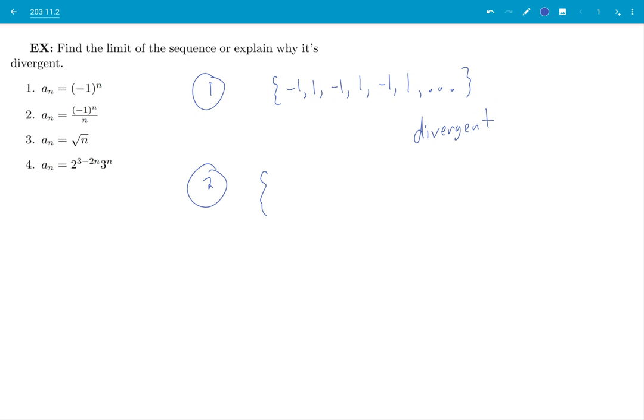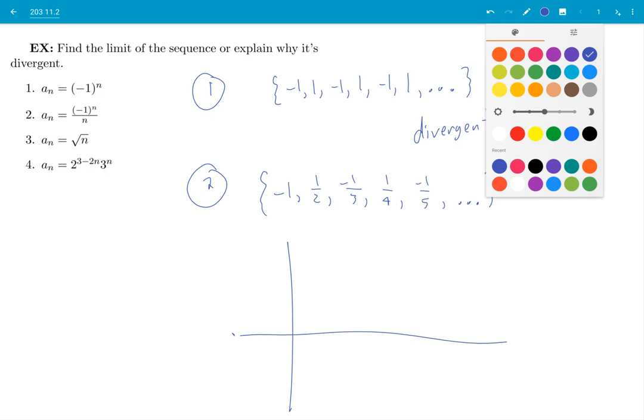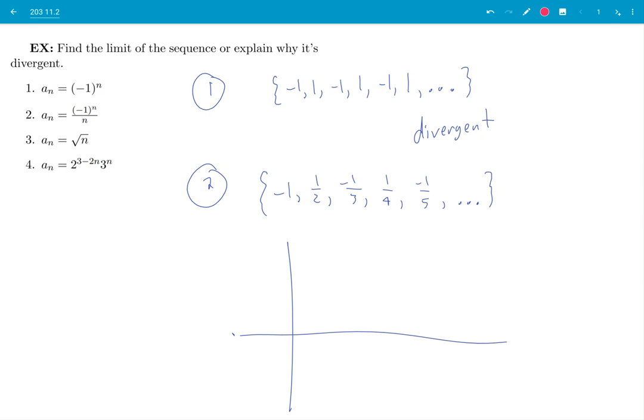What if I divide by n? Well, that's a different story altogether. Okay, now it's alternating forever. However, the denominators are getting bigger and bigger, so it's being smushed. If I were to draw a rough picture of it, it would look something like this.